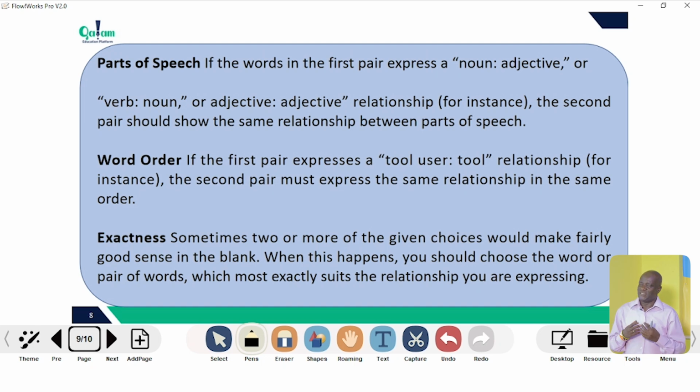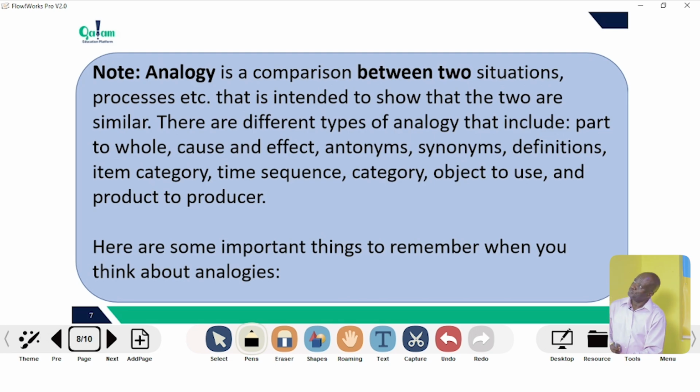So this is what it is all about analogy. So let me take you back. Now you understand what analogy is, a comparison between two situations, processes, etc. as we have seen in the examples that we've looked at.